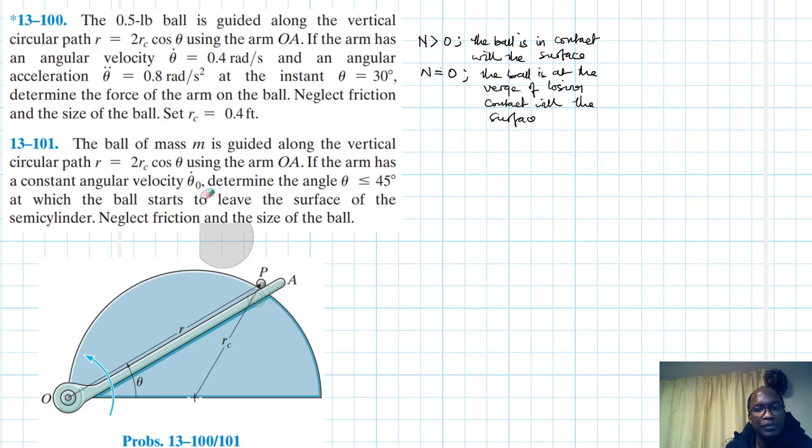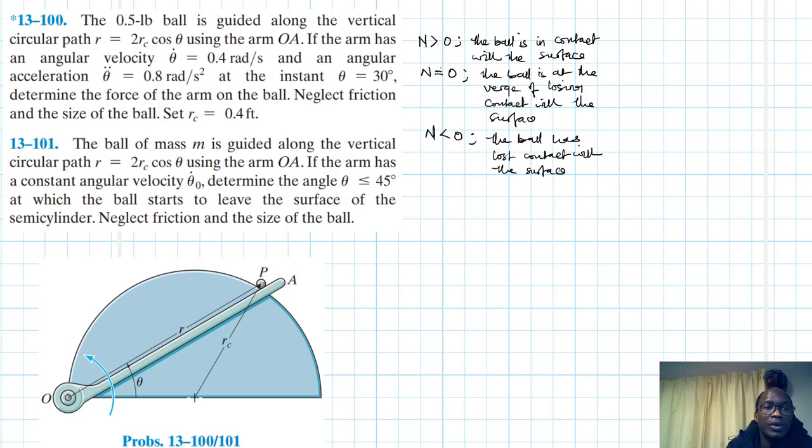Finally, when N is less than 0, it means the ball has lost contact with the surface.